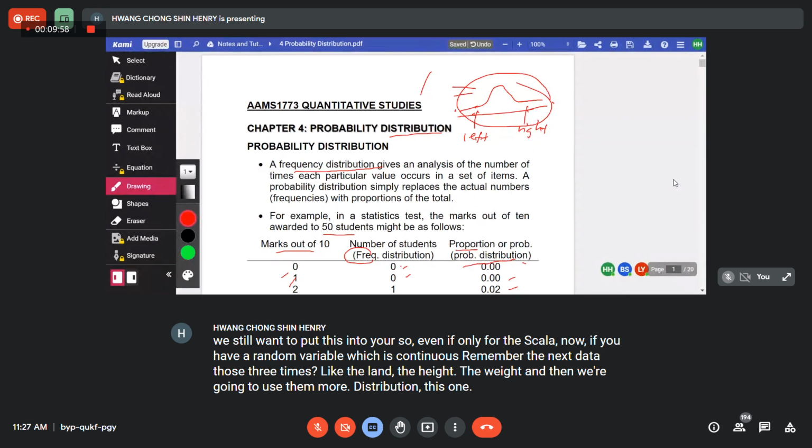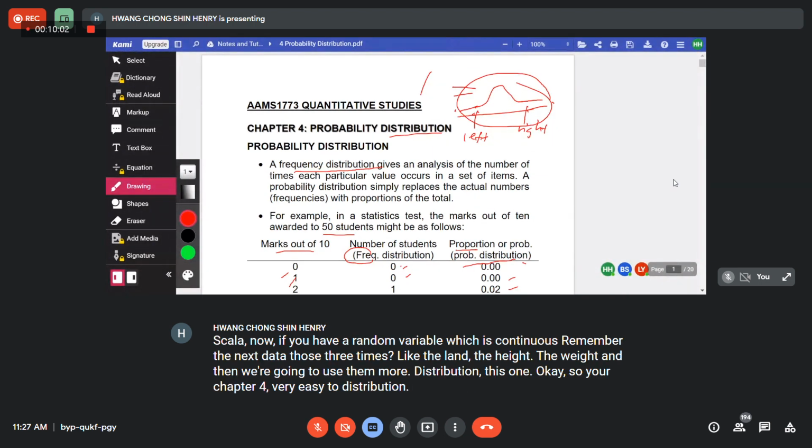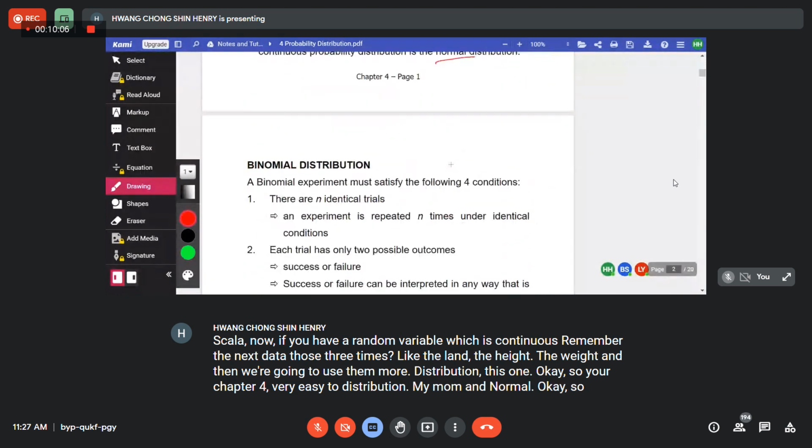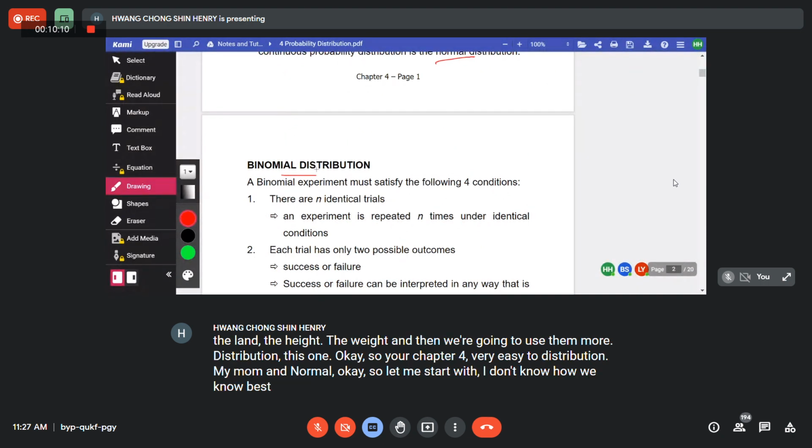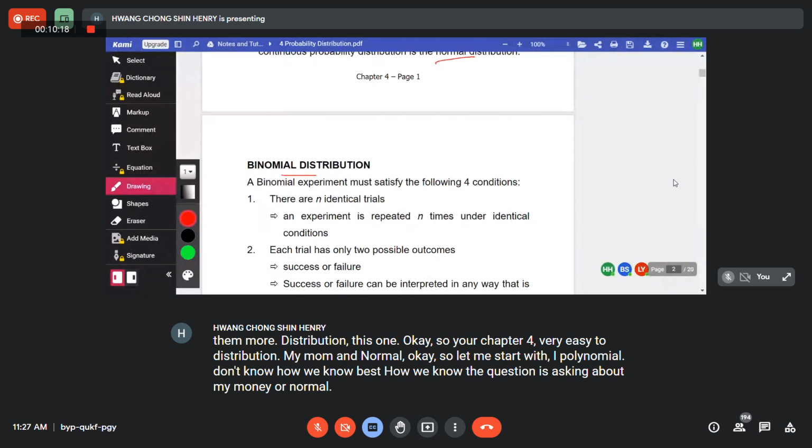Okay, so your chapter 4 is very easy, two distributions, binomial and normal. Let me start with binomial now. How do we know it is binomial? How do we know whether the question is asking about binomial or normal? If the question never mentioned binomial or normal, how do we know?